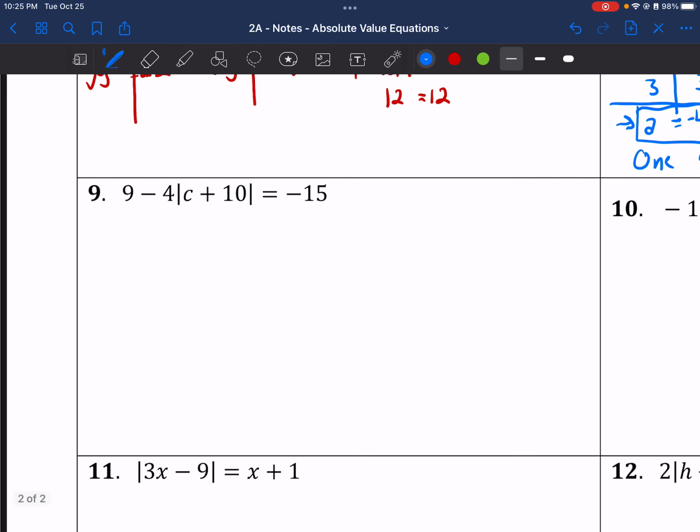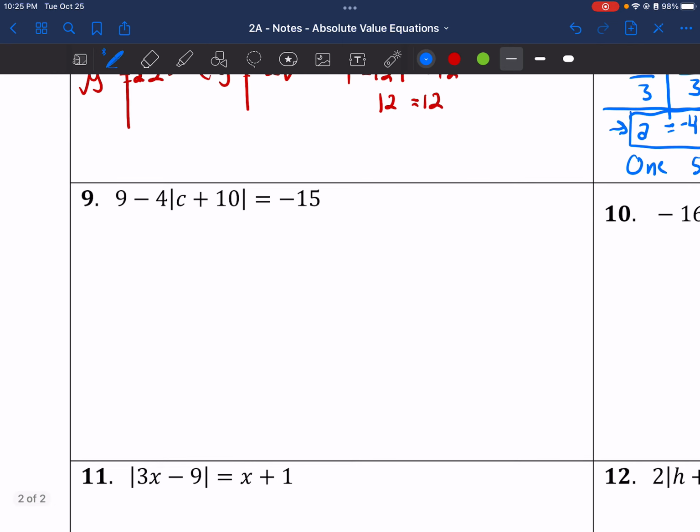Now moving on to number 9. So again, we want to make sure that we isolate our absolute value expression. Now we have two numbers on our absolute value expression side. We have this 9 and we have this minus 4. Now, y'all remember your algebra rules?